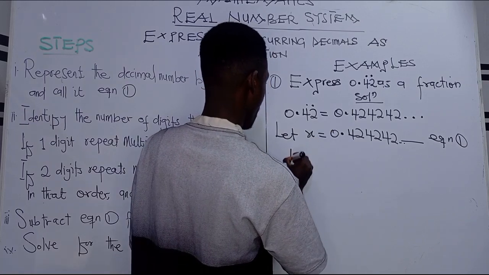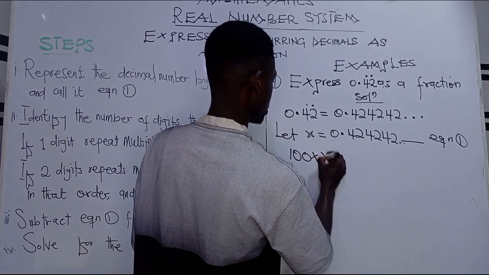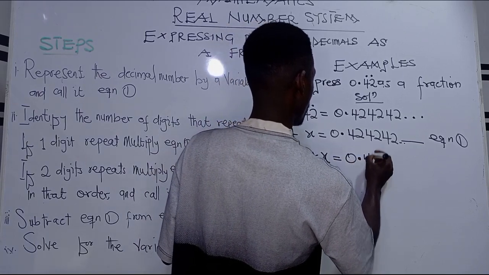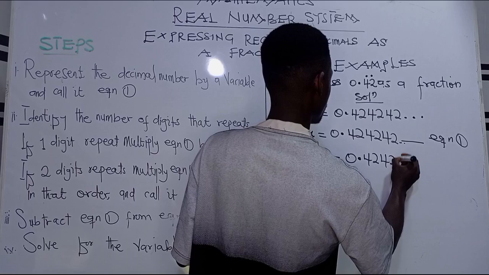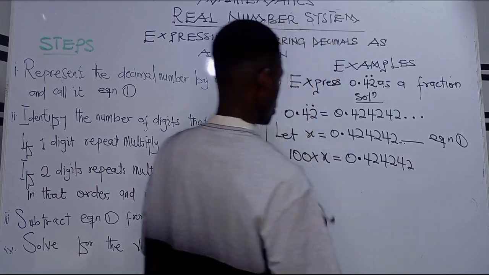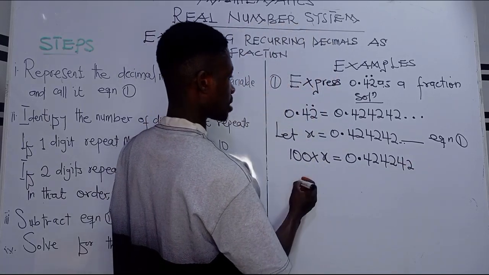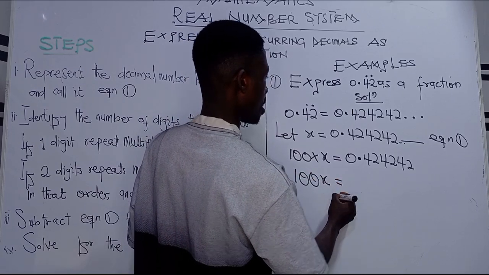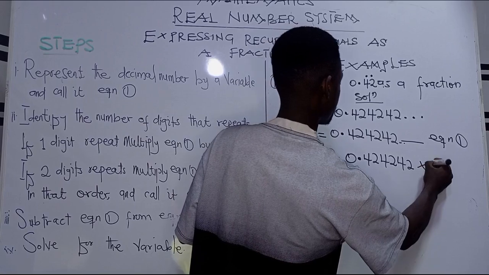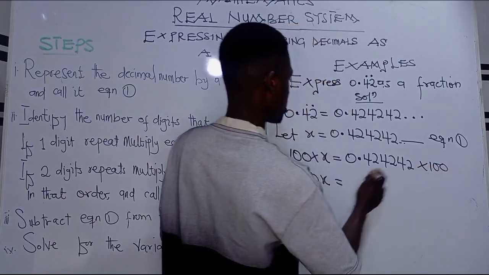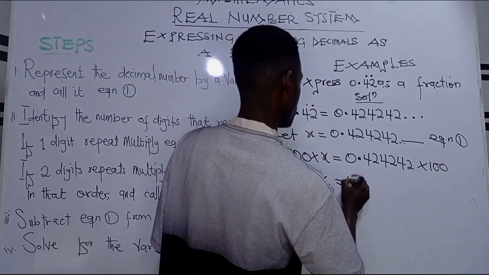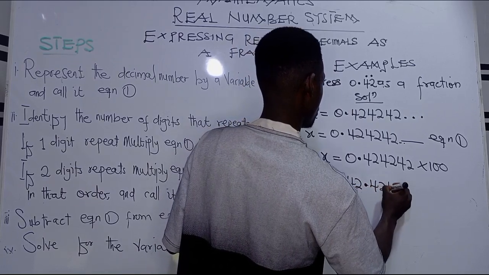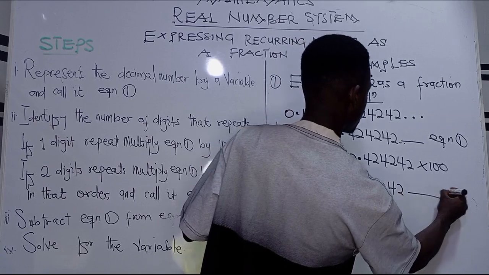So we have 100 times x is equal to 0.424242. So we simplify. 100 times x will give us 100x. And then 100 times 0.4242 will give you 42.4242.